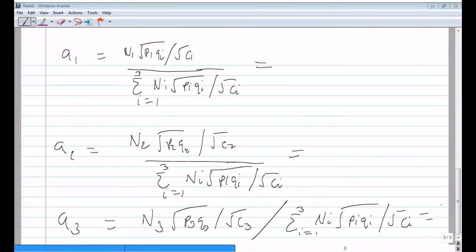So this is what we are supposed to do. Now let's find this summation first, because it's going to be constant for each stratum. So let's find that.